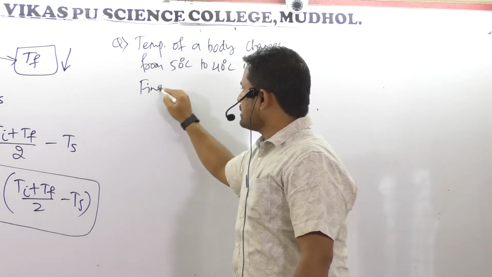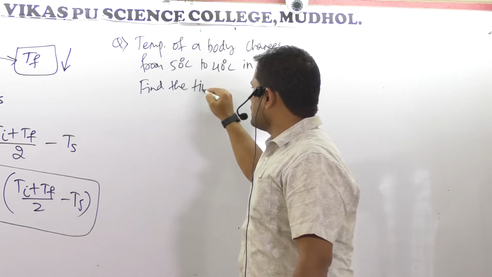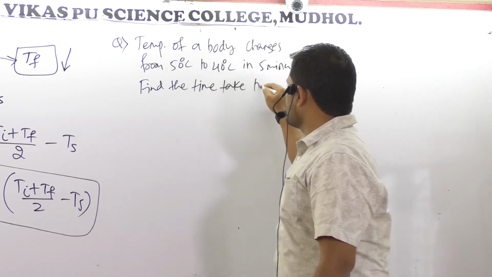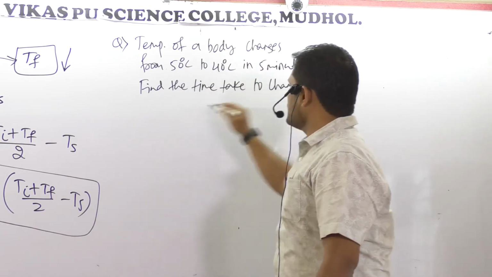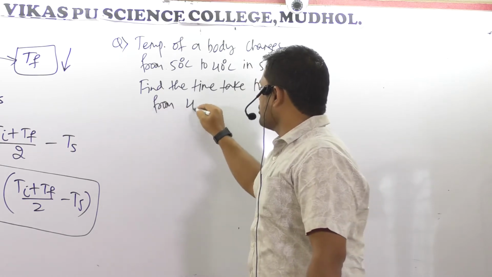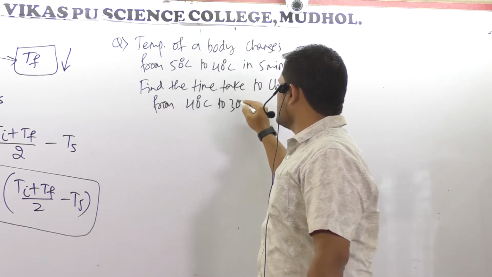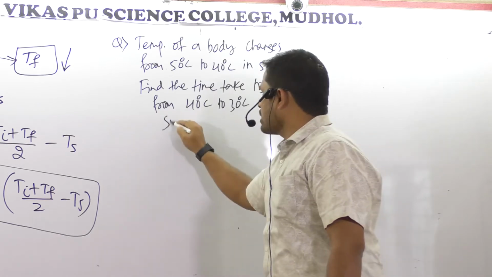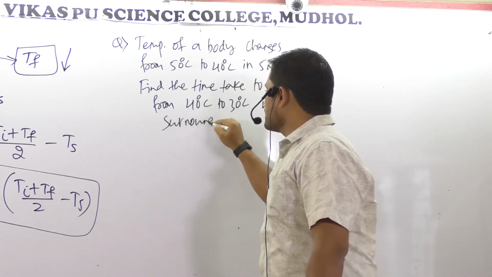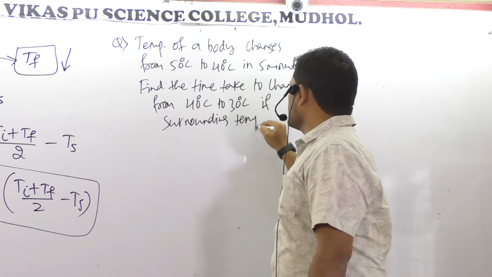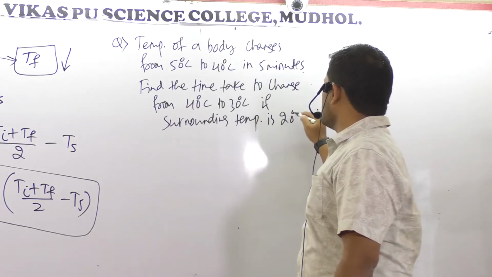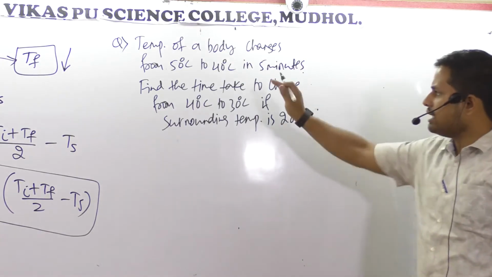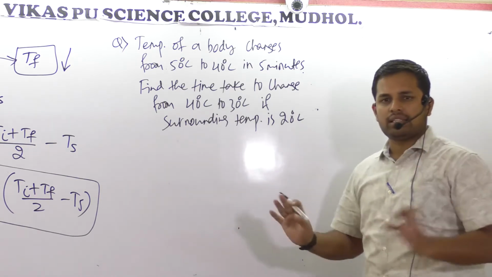Find the time taken to change from 40 degrees Celsius to 30 degrees Celsius if the surrounding temperature is, let me take it as 20 degrees Celsius. Please write down this question, very important question, very straightforward and easy question.